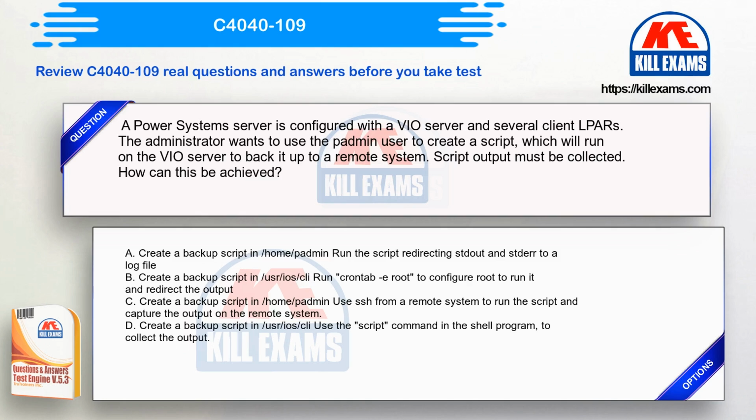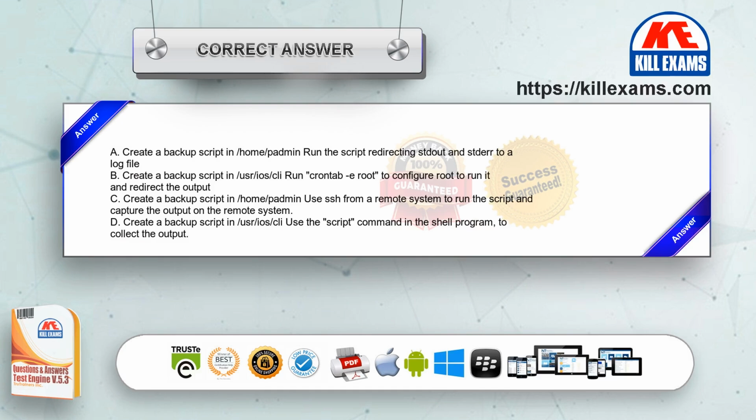Option C. Create a backup script in /home/admin, use SSH from a remote system to run the script, and capture the output on the remote system. Option D. Create a backup script in /usr/ios/cli and use the script command in the shell program to collect the output. The correct answer is option C.